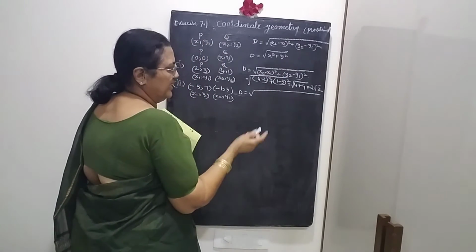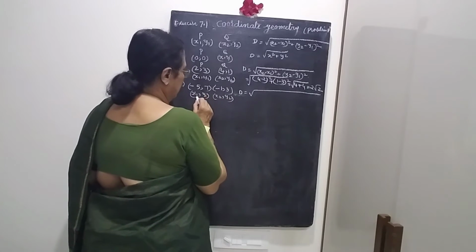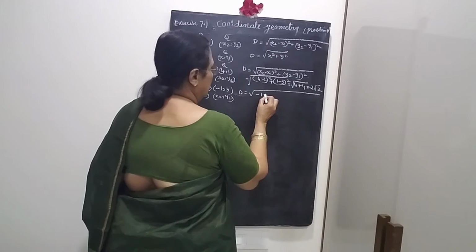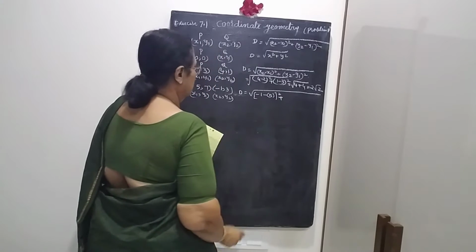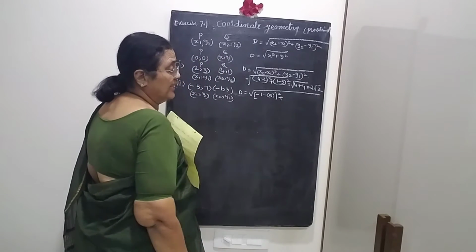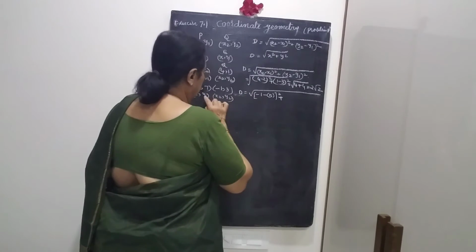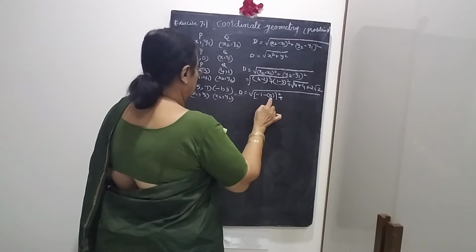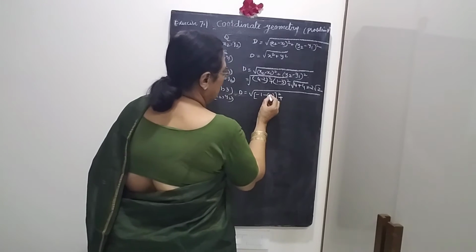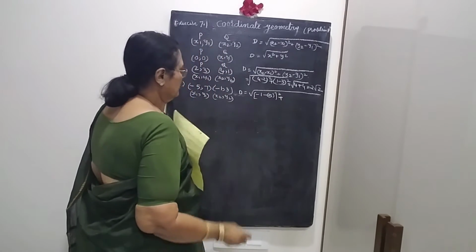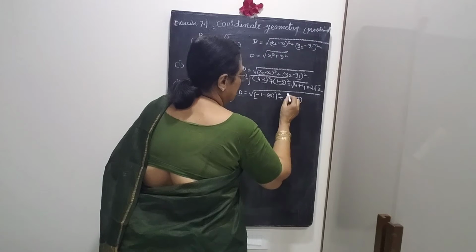I am not writing it here, but you have to write it and then only apply. x2 minus x1 whole square: minus 1 minus of minus 5 whole square, plus y2 minus y1: write it like this so that you won't get confused about minus 5 or plus 5. Write whatever value is given, minus of minus 5 whole square, and 3 minus 7 whole square.